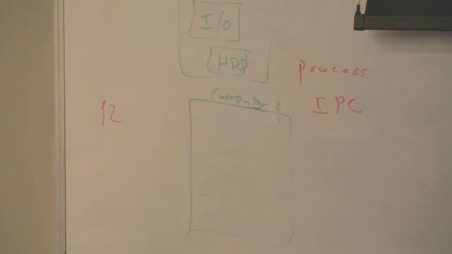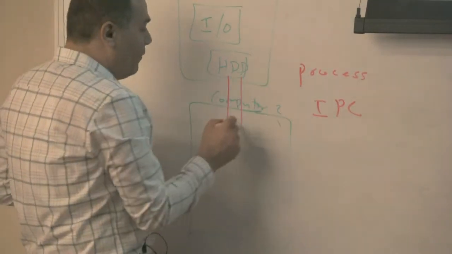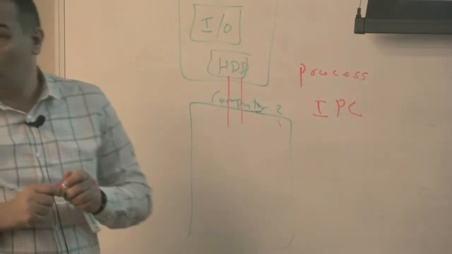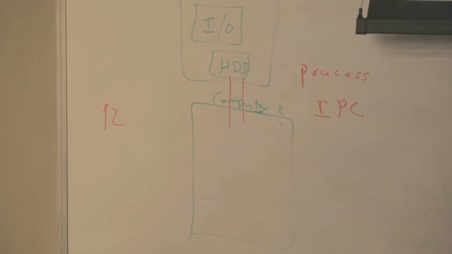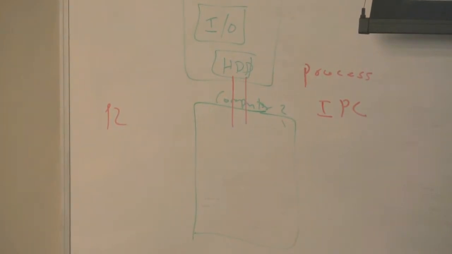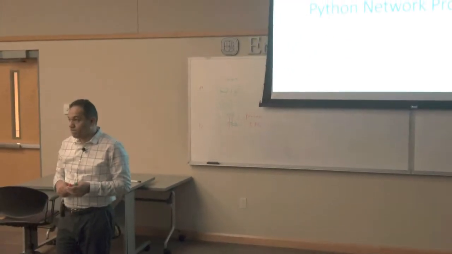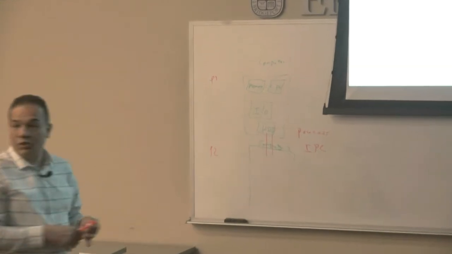So we have to find a way to join these computers and have the data move from process 1 in computer 1 to process 2 in computer 2. That we call sockets, creating a socket. So that's inter-process communication.